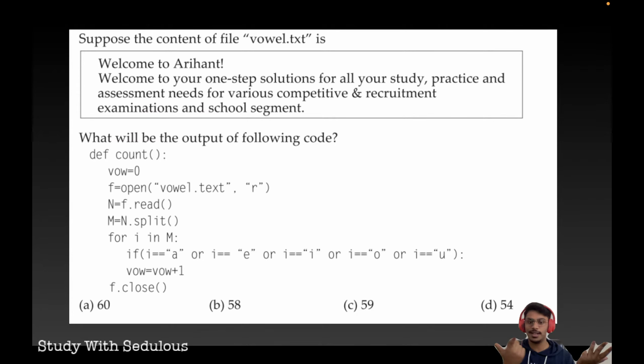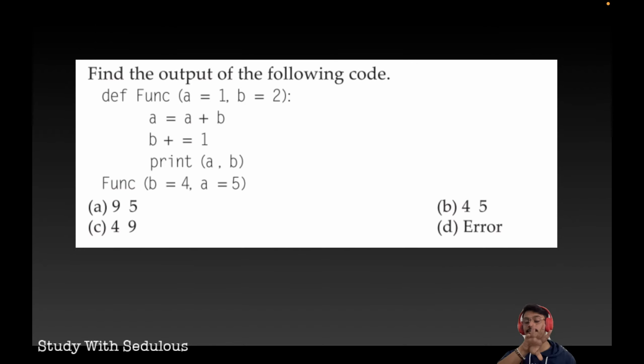Okay, find the output of the following code. We are defining a function: a is equal to 1, b is equal to 2. Then function b is equal to 4 and a is equal to 5, so b is a and a is b. We're actually defining it just the opposite way.